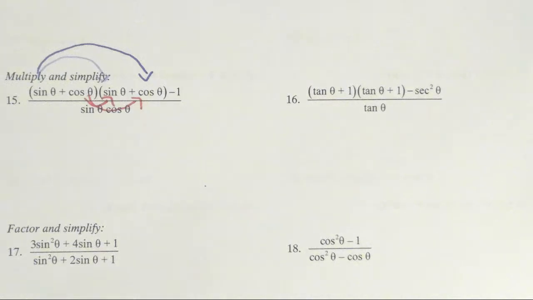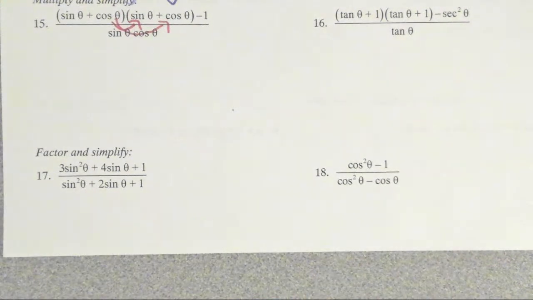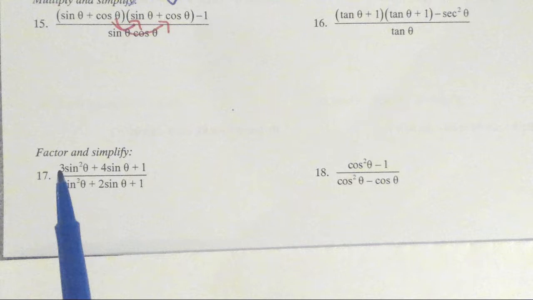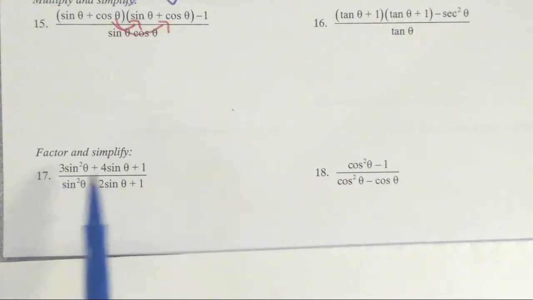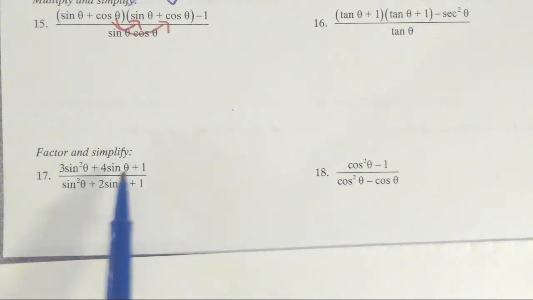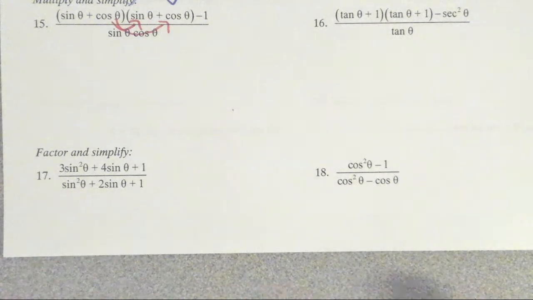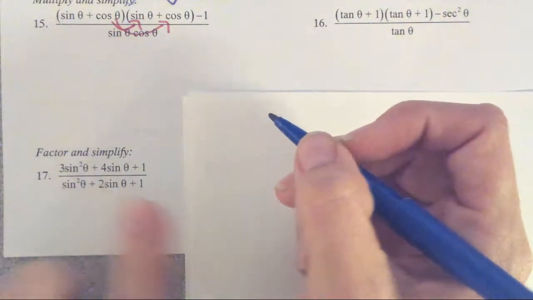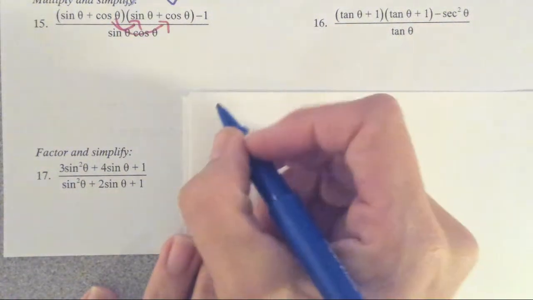The next one I'm going to look at with you is problem number 17. So go look at 17. The directions for 17 say factor and simplify. So you have to remember how to factor. When I do problems that are factoring, if it has only one word in it, like the top has sine, the bottom has sine, then just for the factoring part, I like to change the word sine to be a variable.